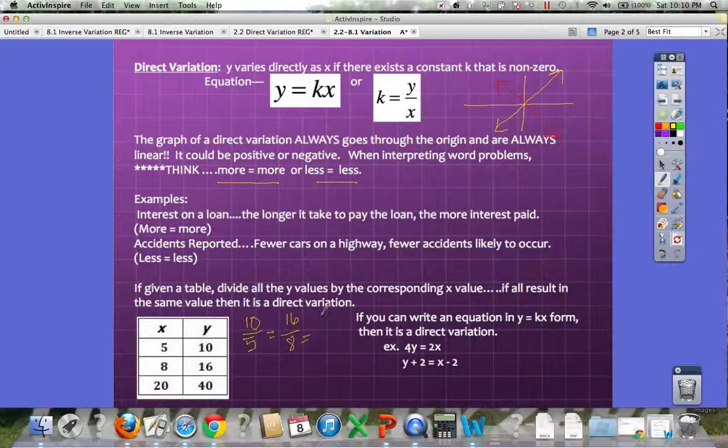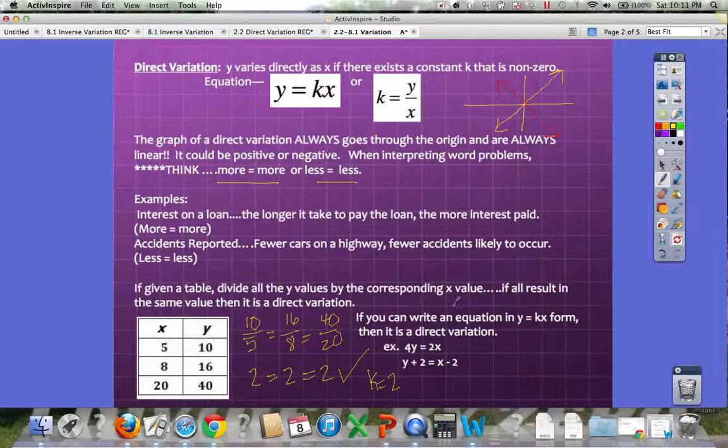Does that equal 40 divided by 20? 10 divided by 5 is 2. Does that equal 16 divided by 8? That's 2. 40 divided by 20, is that 2? Yes. So this is a direct variation, and my constant of this table, k, would be 2. That's the constant of variation, which is the change in rate.